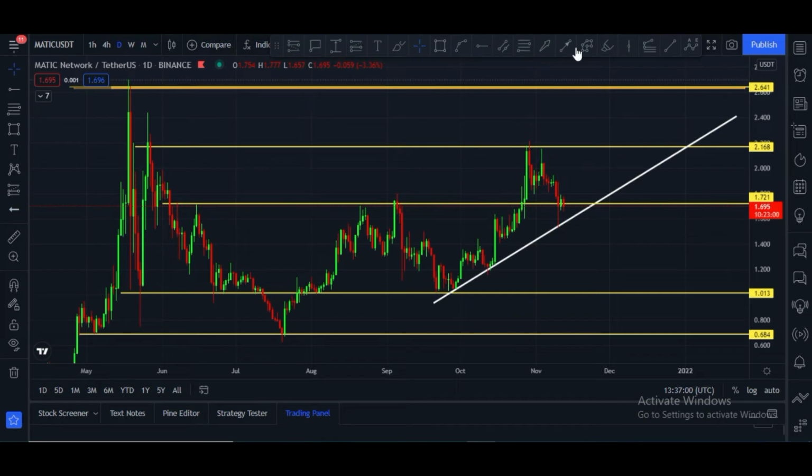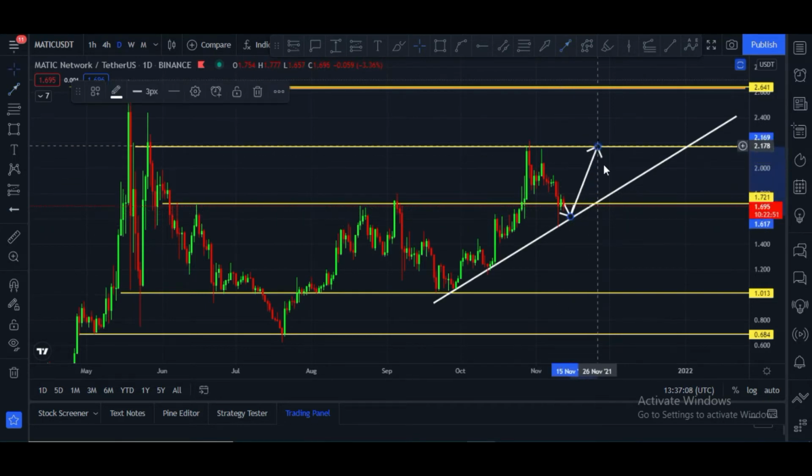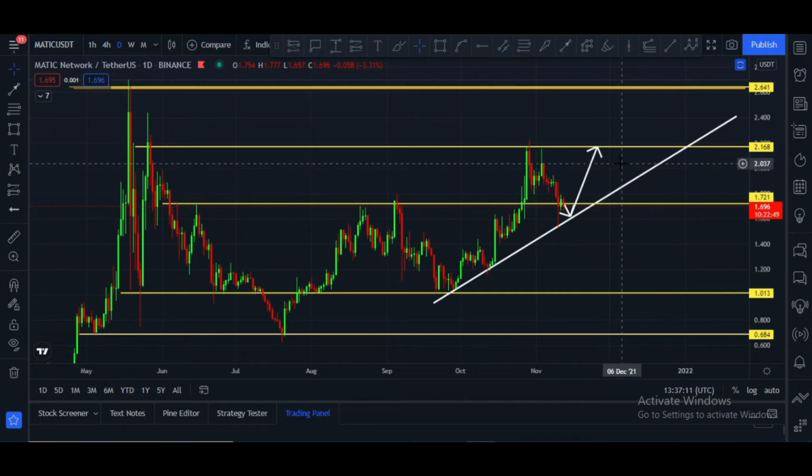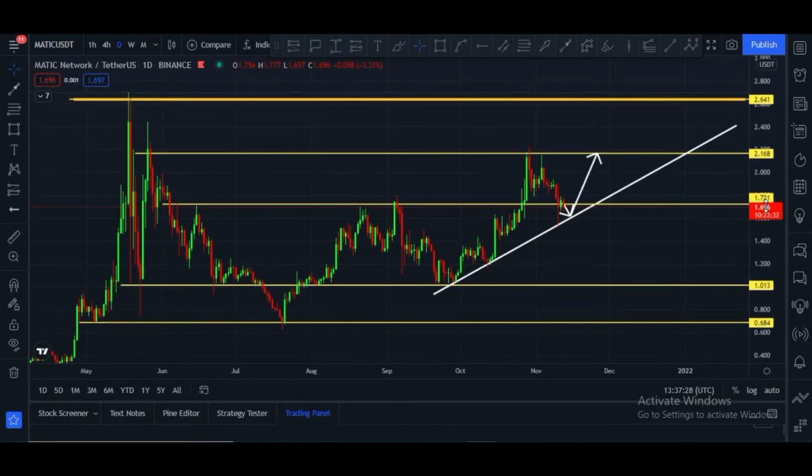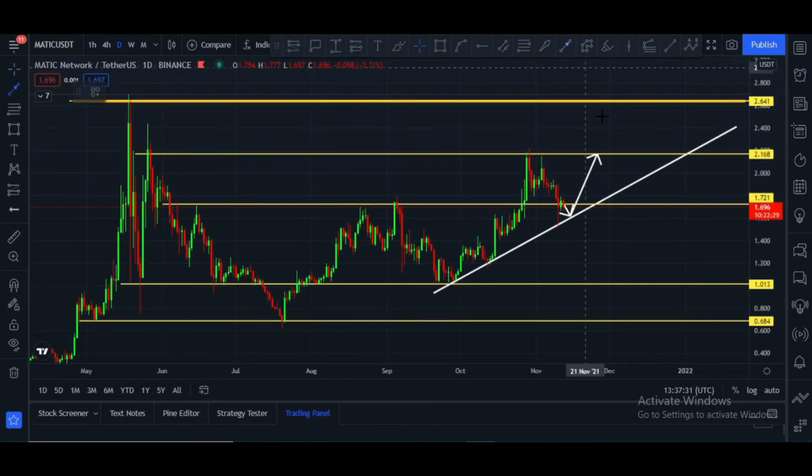Once it breaks the $1.75 price area and a 1 day candle closes above $1.75, our first target in the daily chart is $2.16. Our second target will be $2.65. And once it breaks this area, definitely it will be bullish.